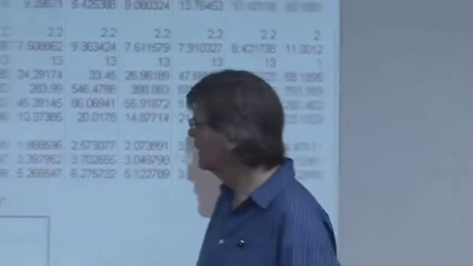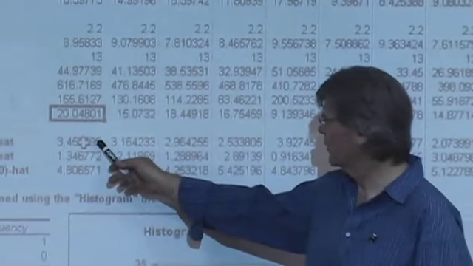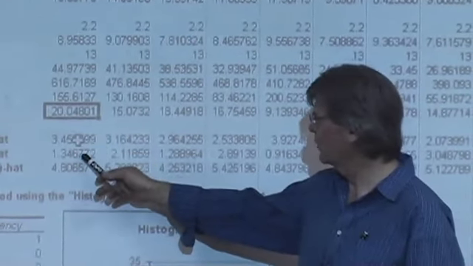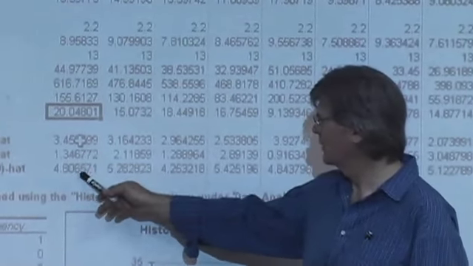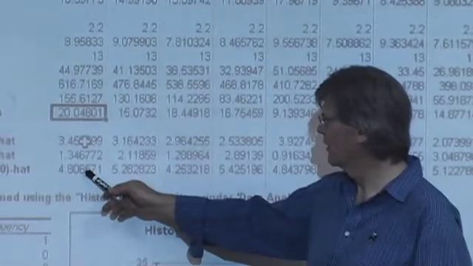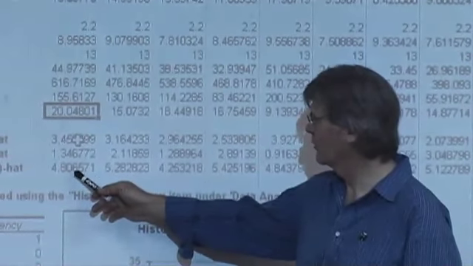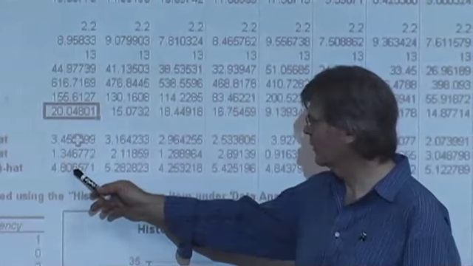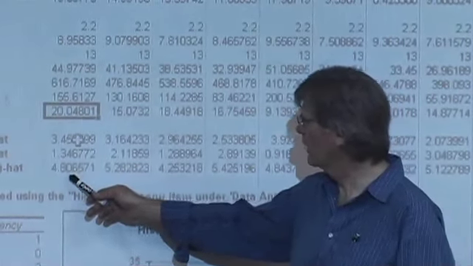So beta 1 hat and beta 0 hat. Beta 1 hat was SXY over SXX. Beta 0 hat was Y bar minus beta 1 hat X bar. And the expectation of Y given X equals 1.0 is beta 0 plus 1 times beta 1, and this is the hat version.